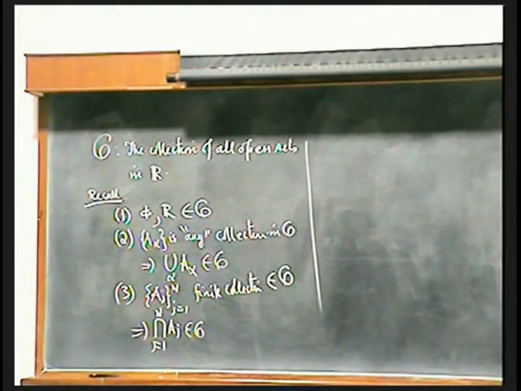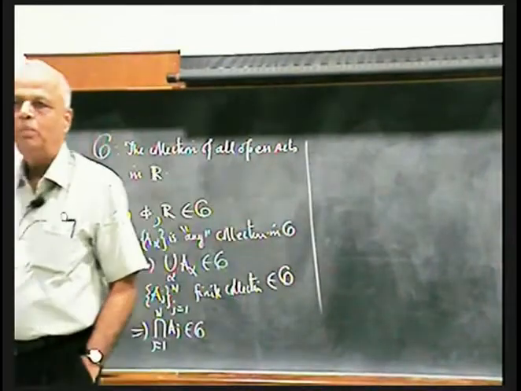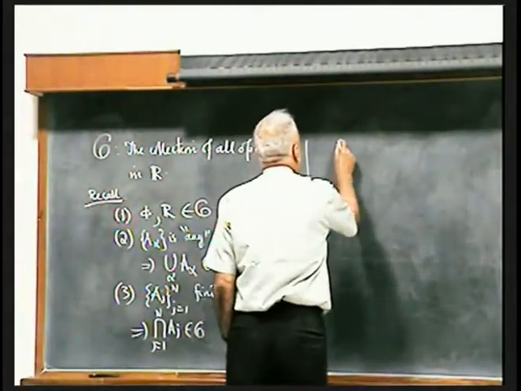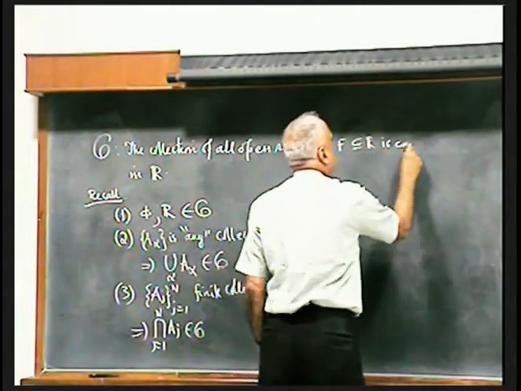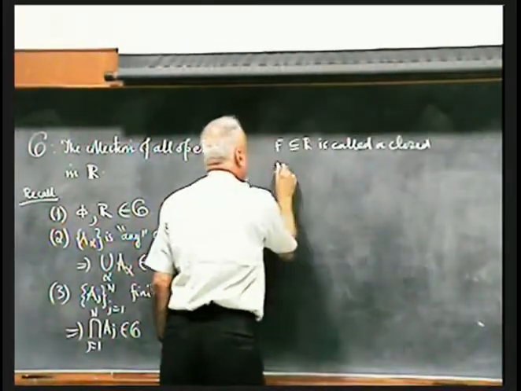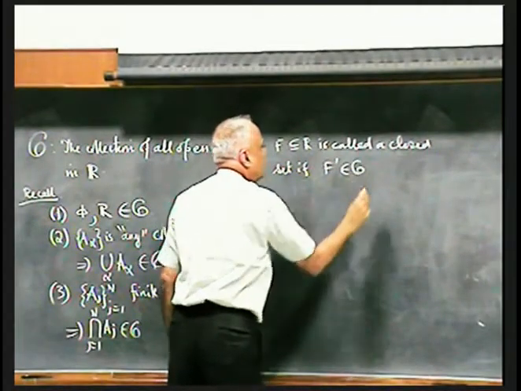So the dual of this is the closed sets. Take everything on the complementary side. I will say something is a closed set if its complement is an open set. So that's the next thing that we say: F contained in R is called a closed set if F complement is an open set.